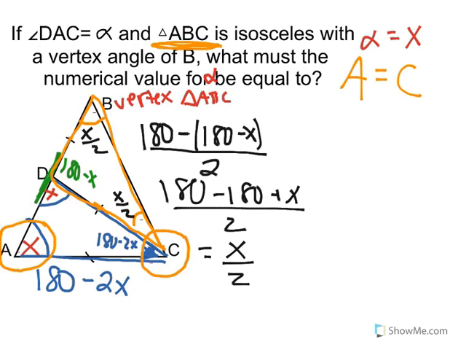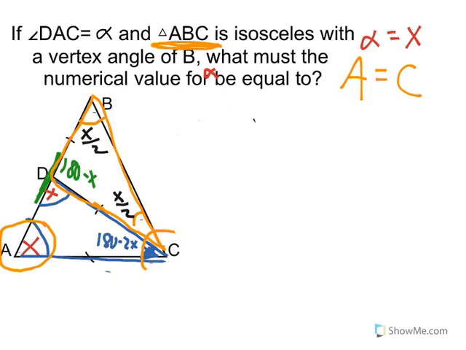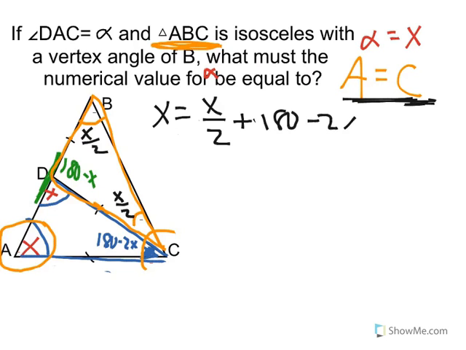Now we're just going to plug in the values that we have for those two angles. So I'm going to erase what I have to make some more room. Okay, so we know that A has to be equal to C. So my angle A was x. And angle C is made up of two different parts. It's made up of x over 2 plus 180 minus 2x.